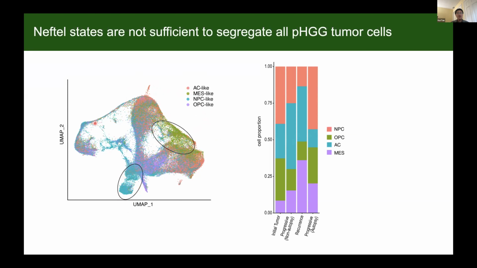But for the other regions of the UMAP, the cell states are largely mixed, suggesting they are not sufficient to segregate all the cell states in pediatric high-grade glioma tumor cells. Here is just showing you the stratification of different cell states in our cohort over time. As you can see, the tumor cells are highly heterogeneous in terms of these cell states.